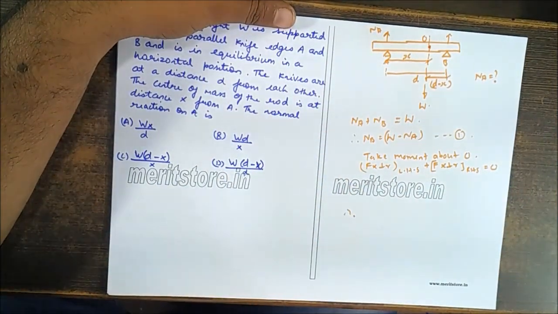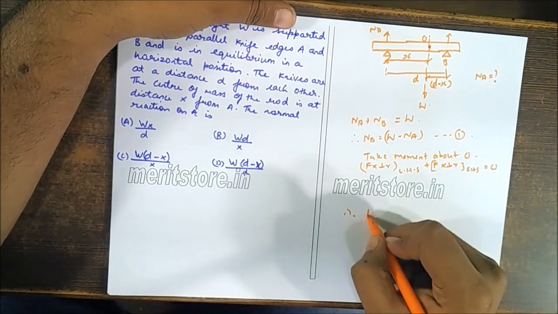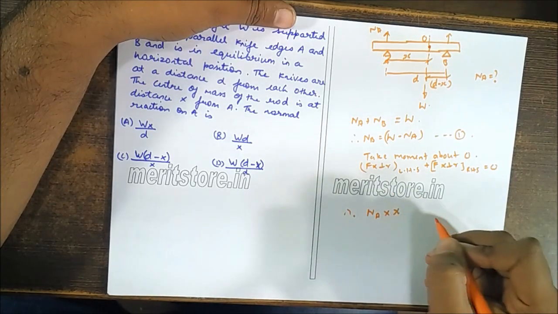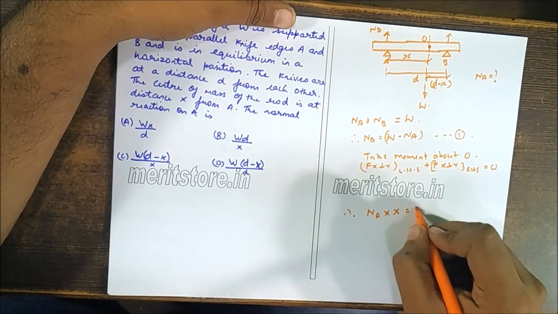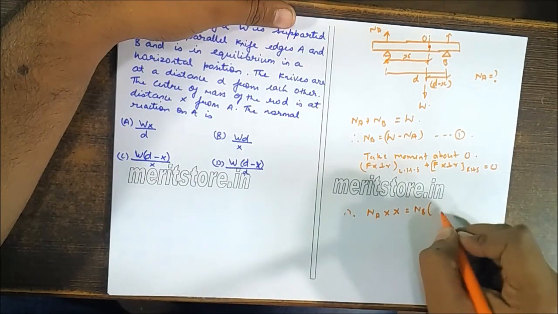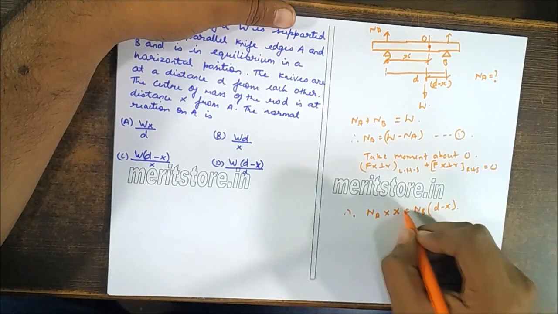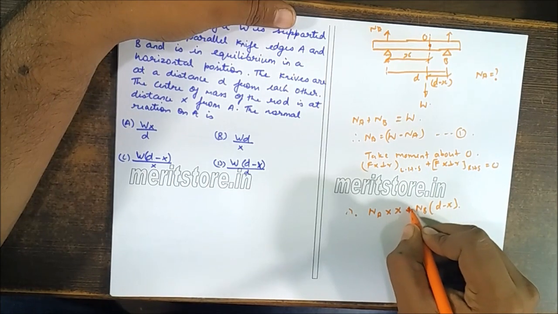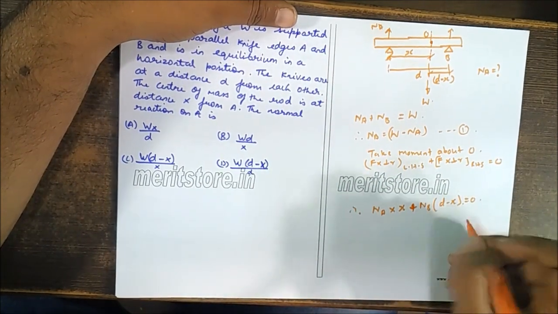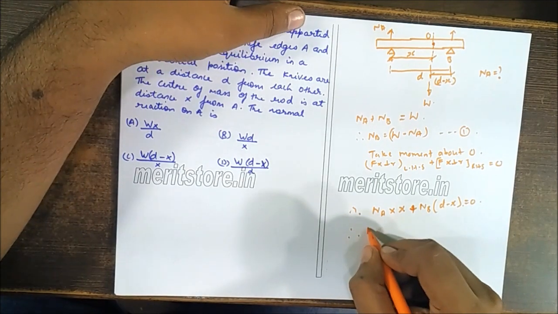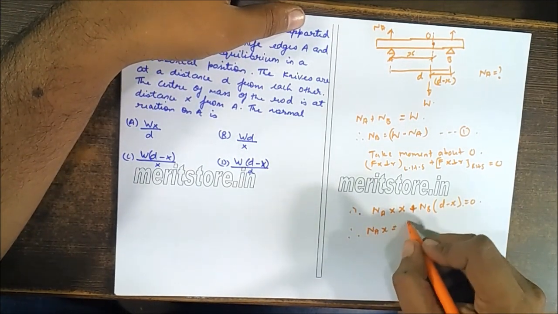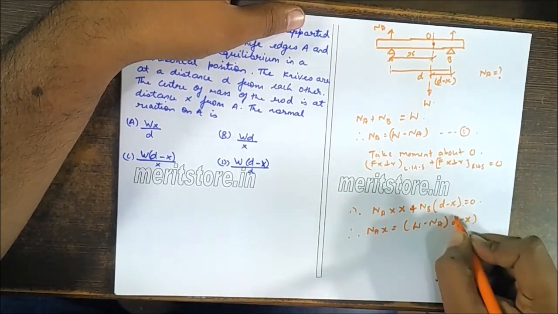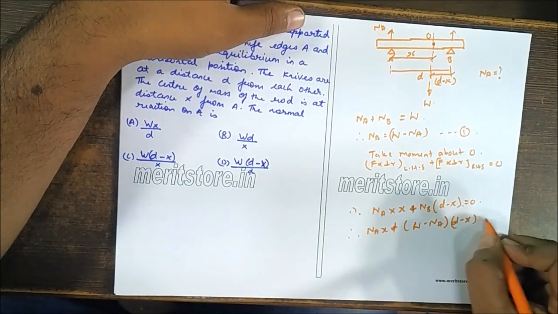The force on the LHS is my normal reaction NA into X, and on the RHS it is NB into D minus X, plus equals 0. On solving, I get NA into X equals NB, which is replaced by W minus NA, into D minus X.